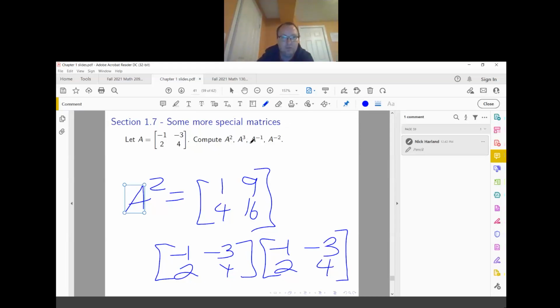Beautiful. I hope you know what this means. What's A to the negative 2? Is it the inverse of A squared, or is it the square of A inverse?